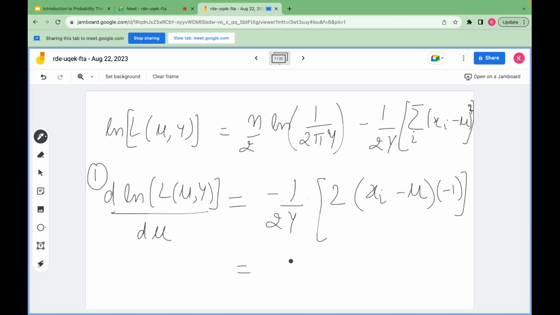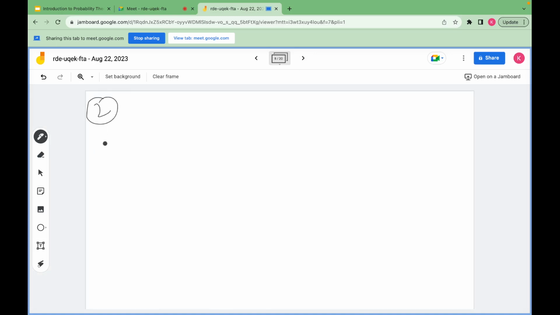This will become summation of (xi minus mu) upon y. Okay, this is the first. Second, we will differentiate this with respect to y.